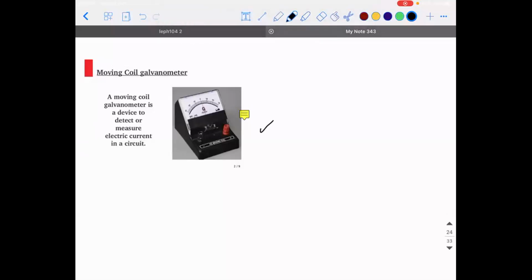If you ask me why do we use a moving coil galvanometer, what do you think is the answer? A moving coil galvanometer is basically used to detect the presence of current.